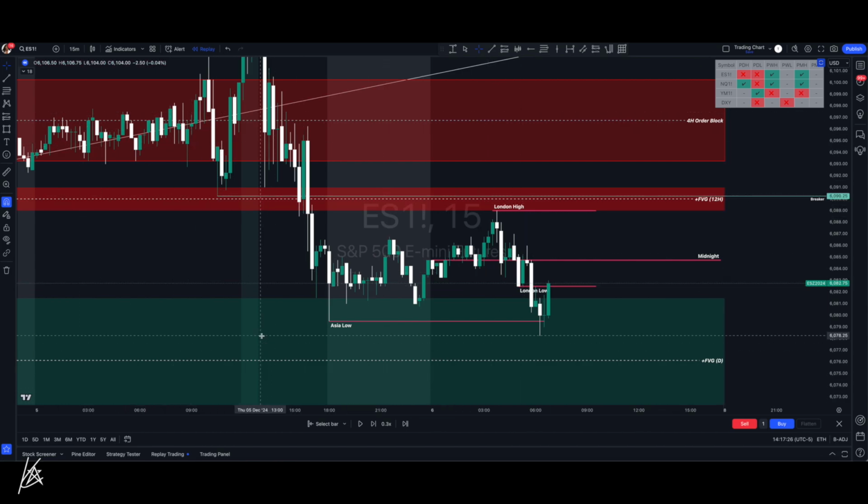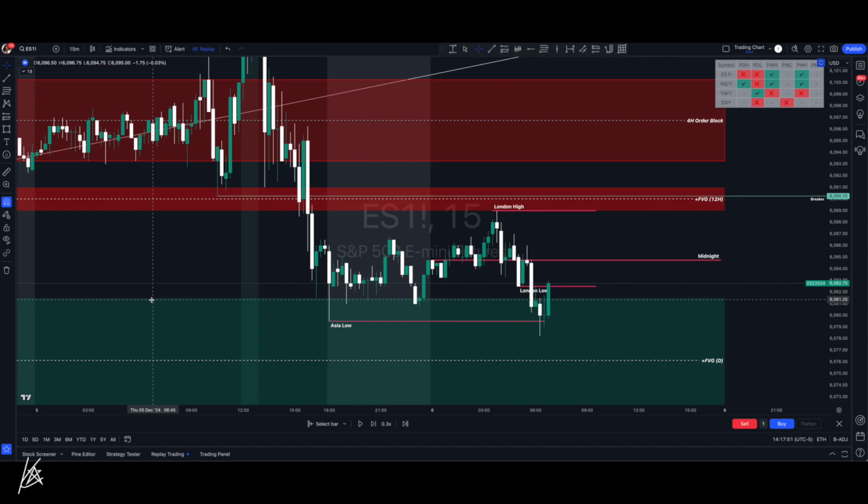So we've got midnight candle, Asia high, Asia low, London high, London low. We've talked about all of these. Price takes liquidity from the previous sessions to move and make its trades. Okay, so that session liquidity can be leveraged for your setups. You will notice and you will observe that this oftentimes is exactly what happens throughout the day.